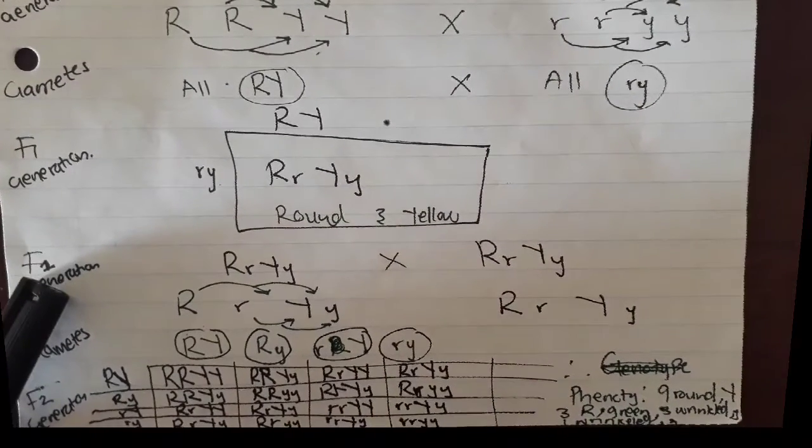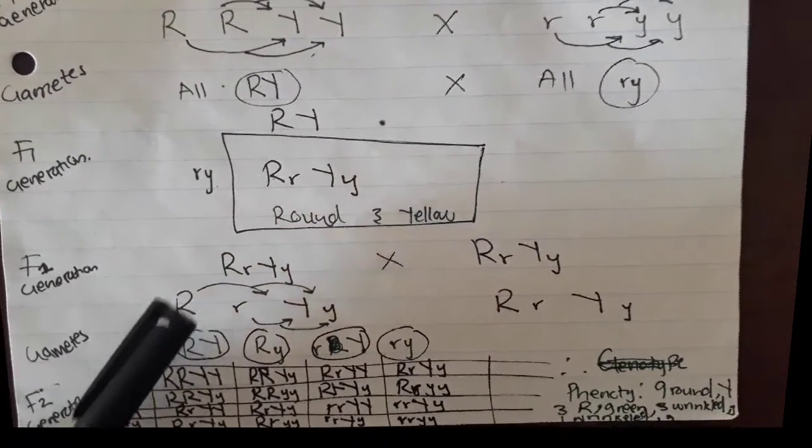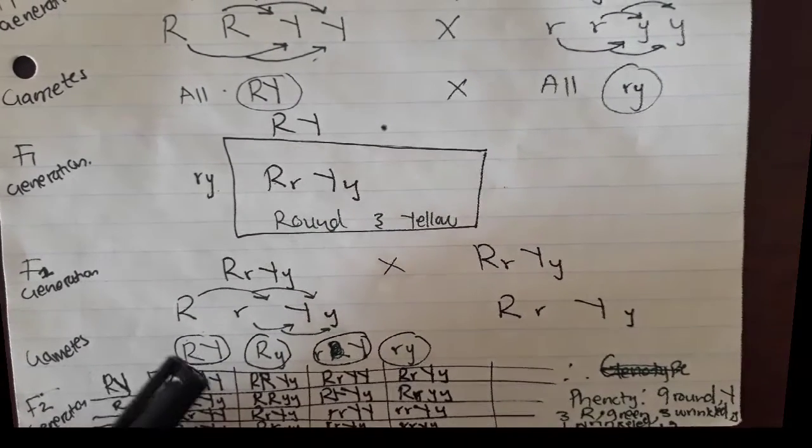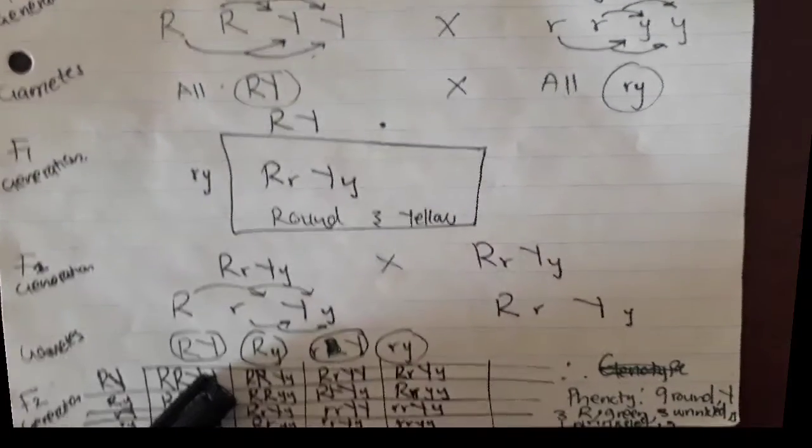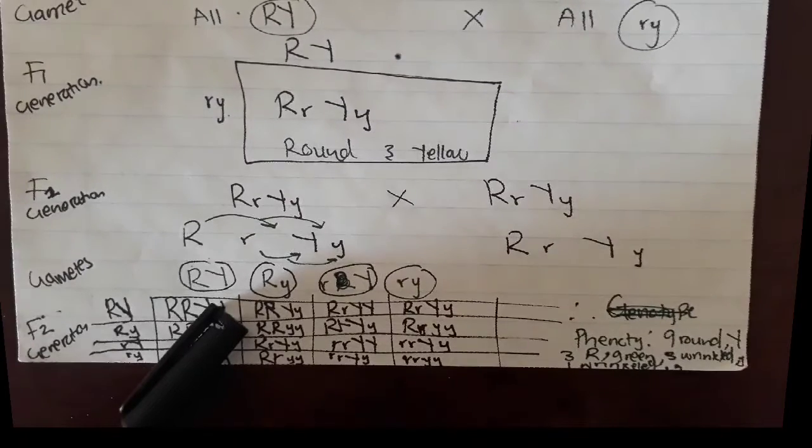So if we cross the F1 generation, these are the genotypes that we get using the Punnett square.